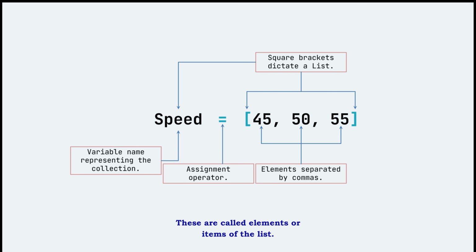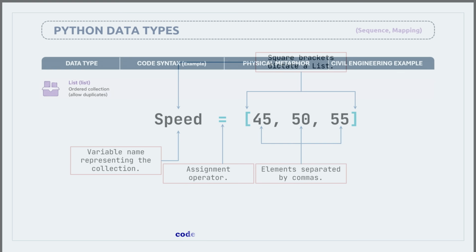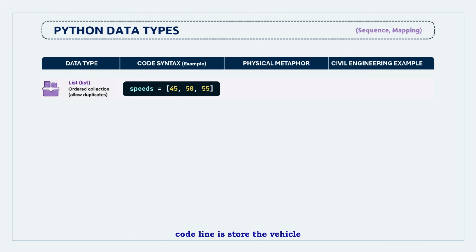These are called elements or items of the list. Each item is separated using a comma. So the complete meaning of this code line is store the vehicle speed values 45, 50 and 55 inside a list called speeds.